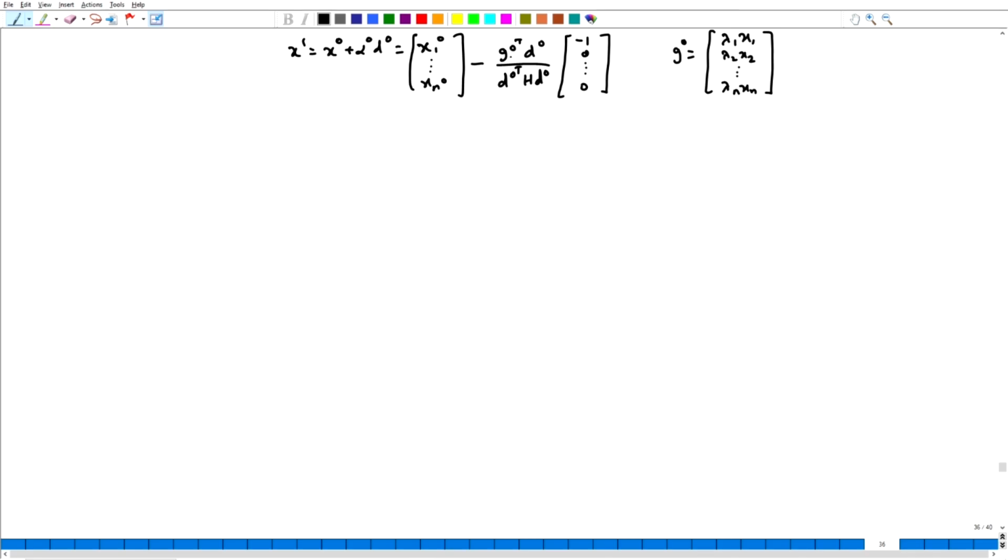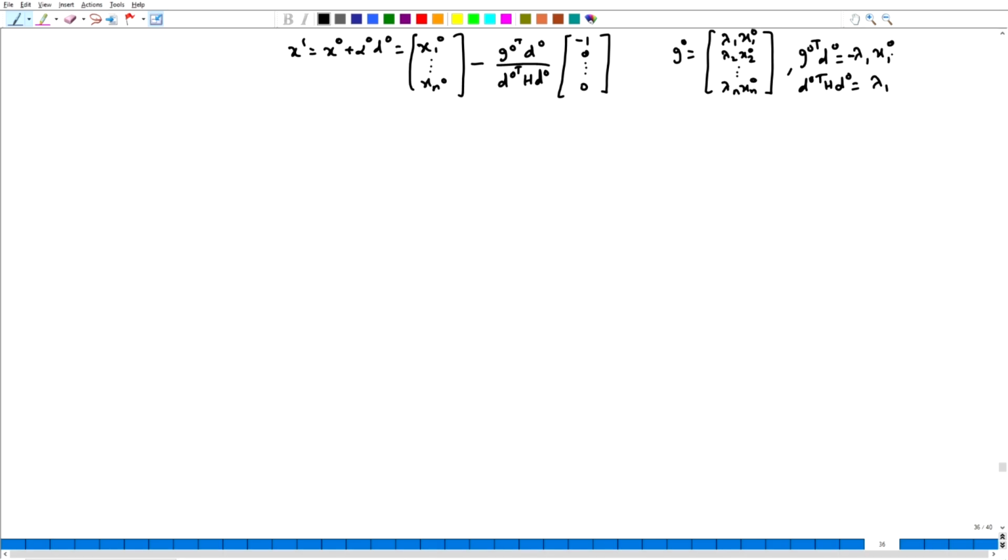So, you have a minus and a minus here, so it is a minus. So, note that G 0 transpose d 0 is minus lambda 1 x 1 0, sorry, I should have written zeros here, and d 0 transpose h d 0 is lambda 1. Okay. So, this is minus lambda 1 x 1.